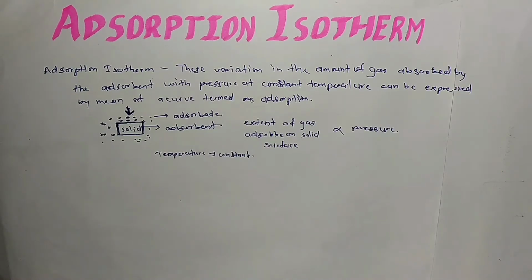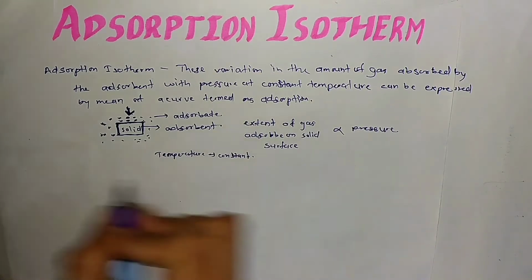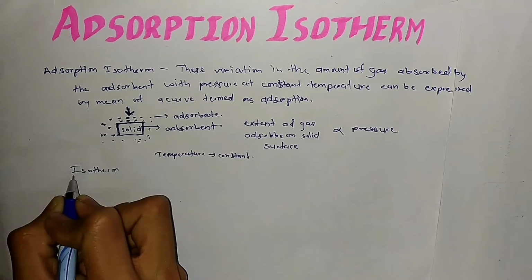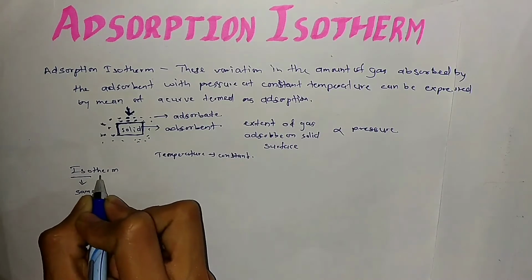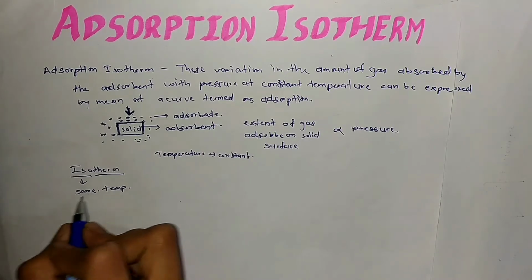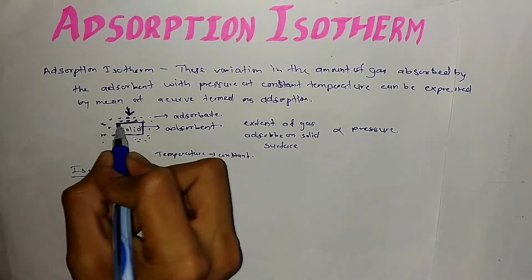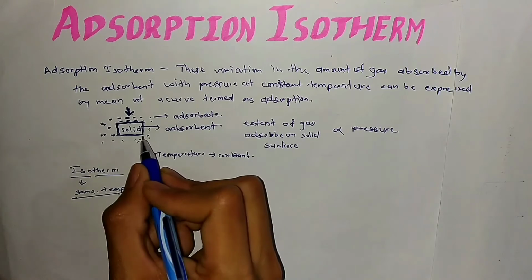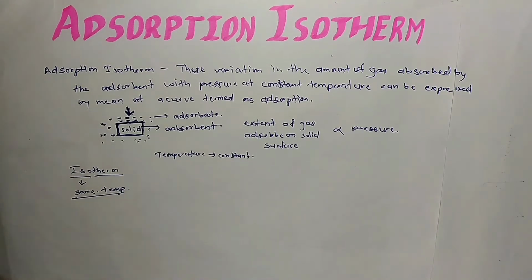If we understand what isotherm is, iso means same and therm means temperature, at the same temperature. There is also the same solid, and these gas molecules are adsorbed at the same temperature. There is no change of temperature.